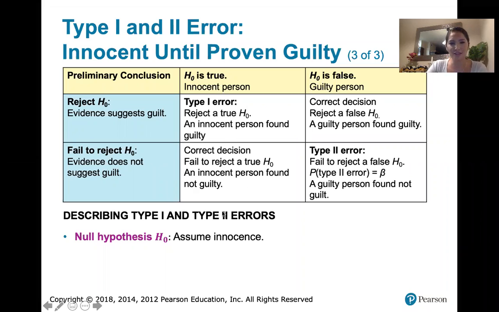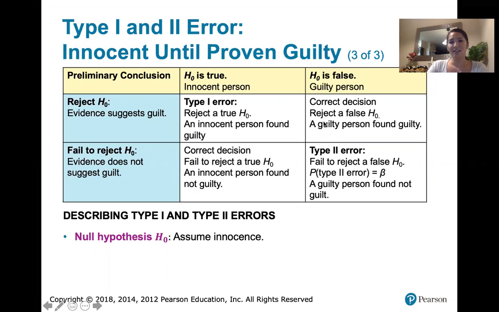Okay, so that's this right here. An innocent person is found not guilty. Or it might be the case that the person is actually guilty. So the null hypothesis is false, and we've got evidence to suggest guilt. So we reject the null. So if the person actually is guilty and the evidence suggests guilt, then we're rejecting that false null hypothesis.